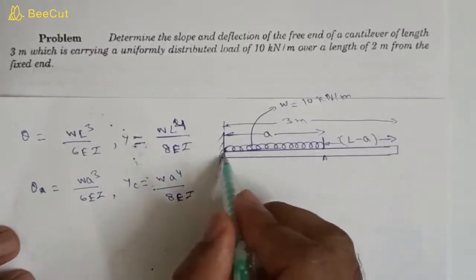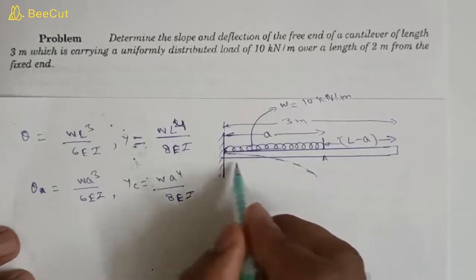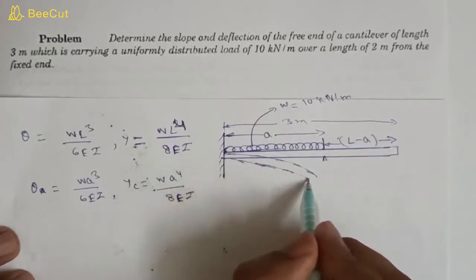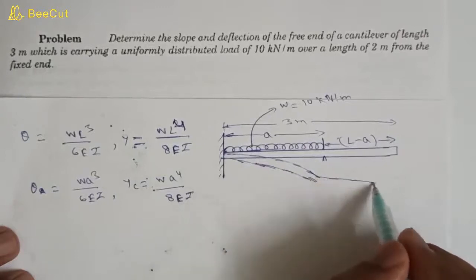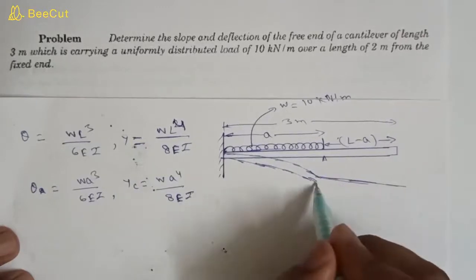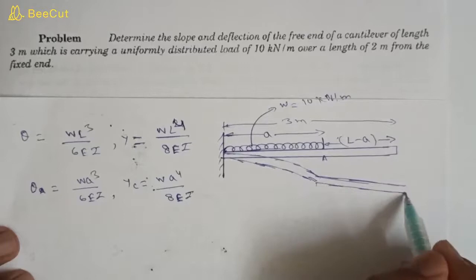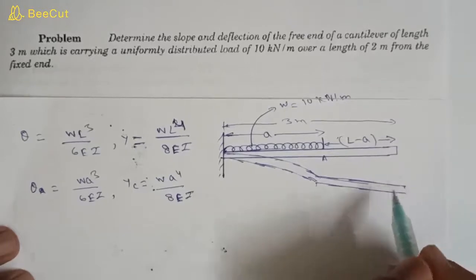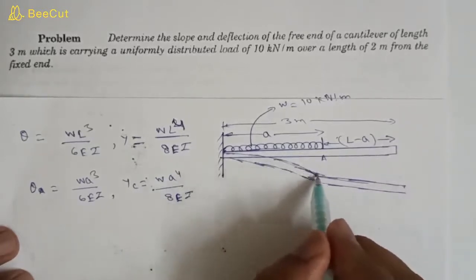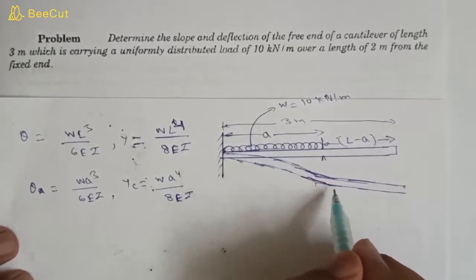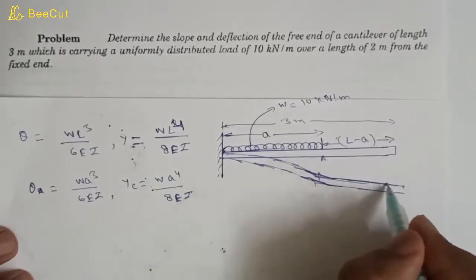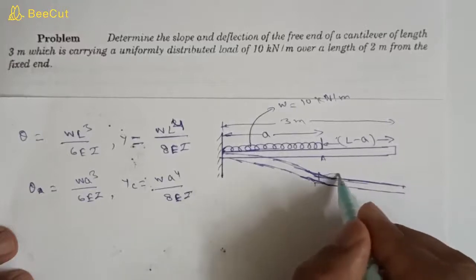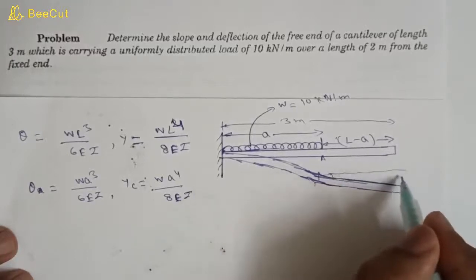Now the beam will deflect like this. From here there is no load, so it will deflect in an inclined straight line from here. So you can see that it is a straight line. The beam is a straight line from here to here, so the slope will be the same from here to here.